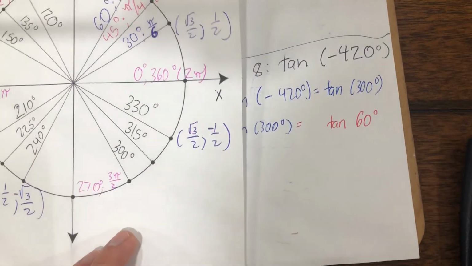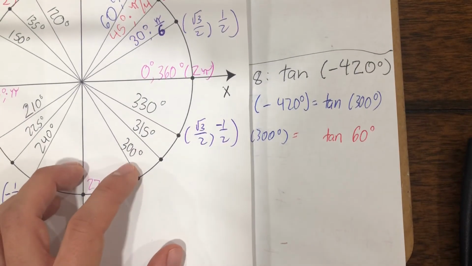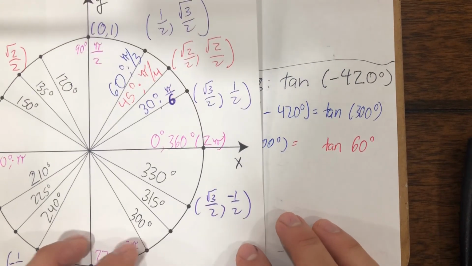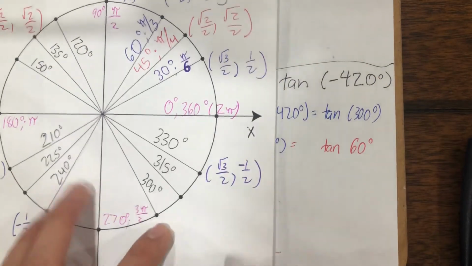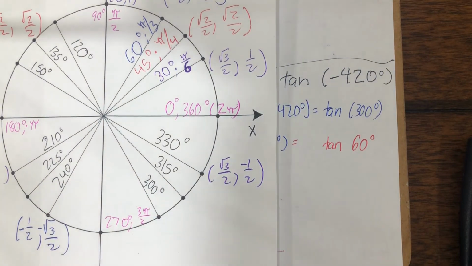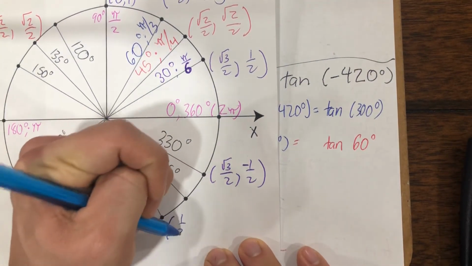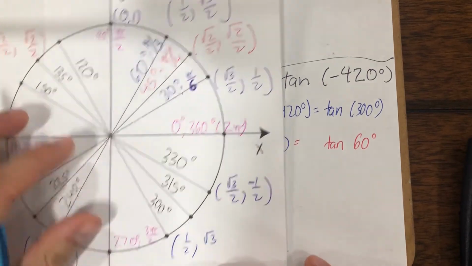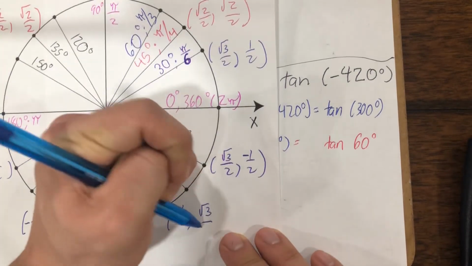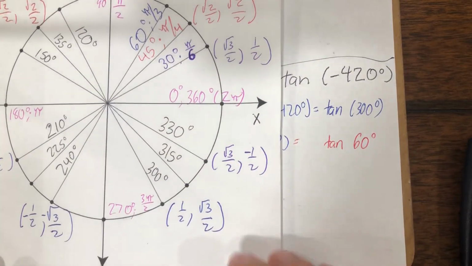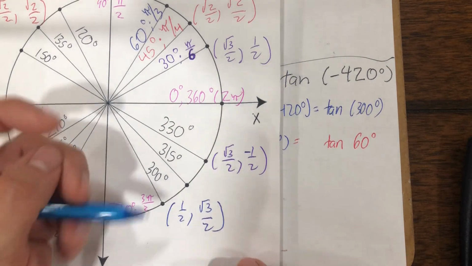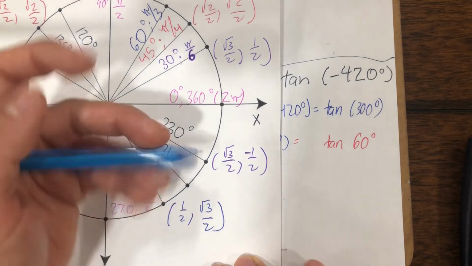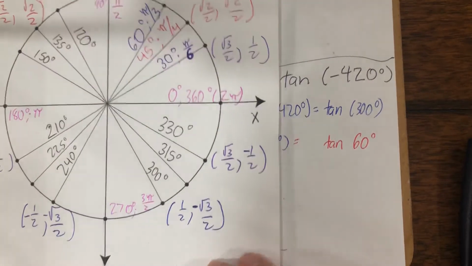We don't have our x and y coordinate for 300 degrees, so I'm going to use a copy and paste format. I'm going to copy the x and y coordinate for 60 degrees and paste it into this spot. So I have 1/2 comma root 3 over 2. Now, in the fourth quadrant, the x value is going to be positive, but my y value is going to be negative. So 1/2 stays positive, but this becomes a negative.